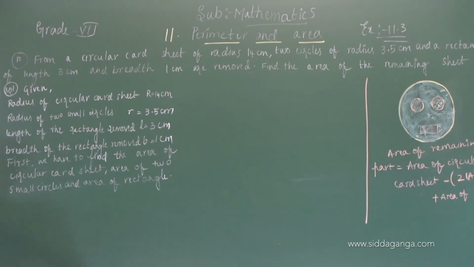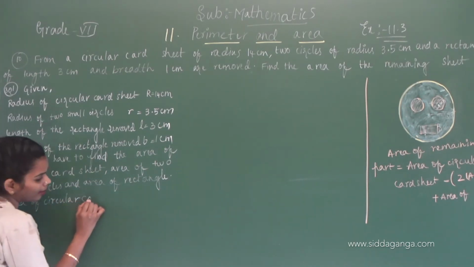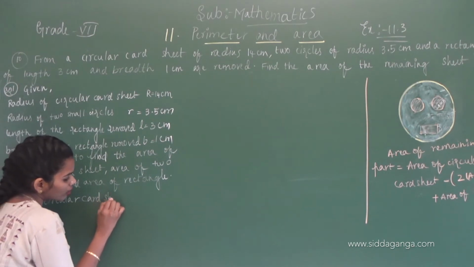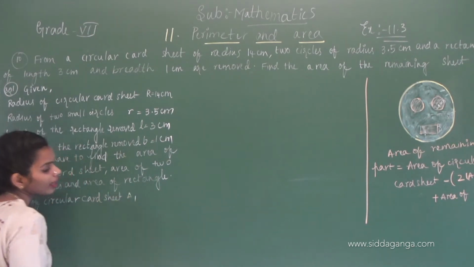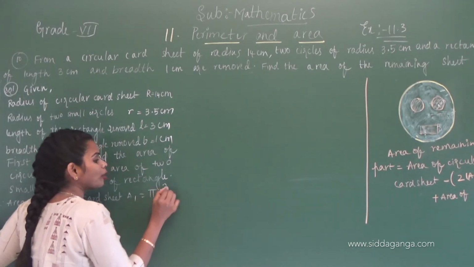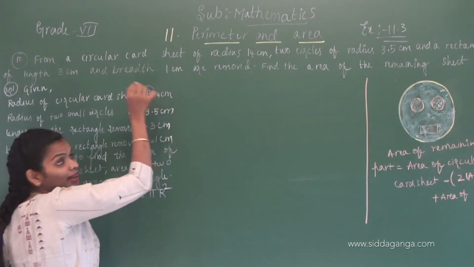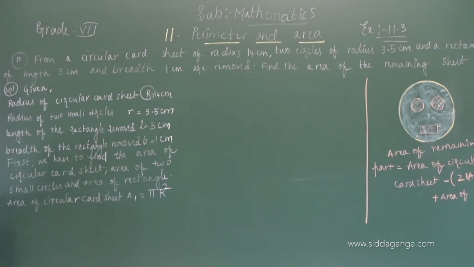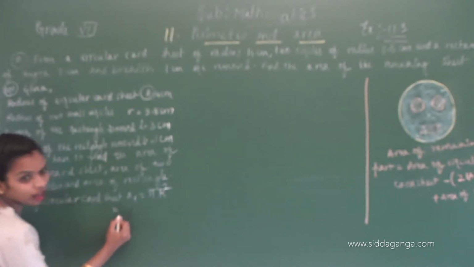Okay children, next, therefore area of circular card sheet. Circular card sheet A1 equals pi capital R square. Bigger I am taking as capital R, that's why I am writing pi capital R square.